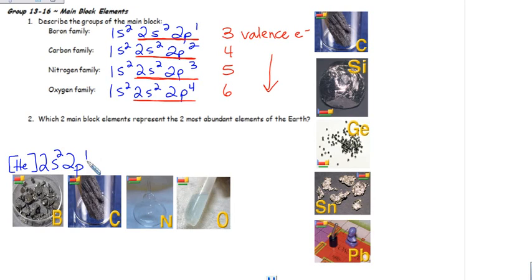Valence electrons are all the electrons in the highest energy level. The highest energy level is the second. It's all the electrons in the second energy level. 3. These are your valence electrons.